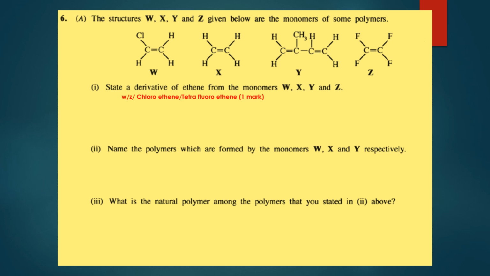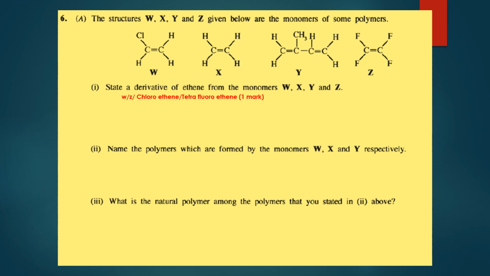Part 2. Name the polymers which are formed by the monomers W, X and Y respectively. W is this, X and Y is this. So the polymer formed by chloroethene is polychloroethene, or we say polyvinyl chloride. Polymer formed by ethene is polythene, or we say polyethene or polyethylene.